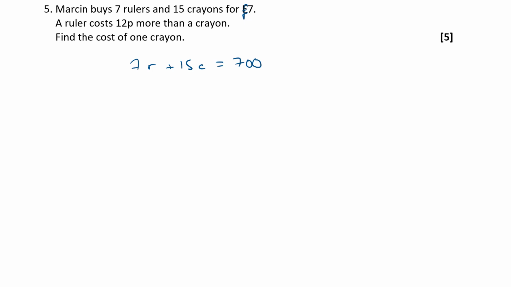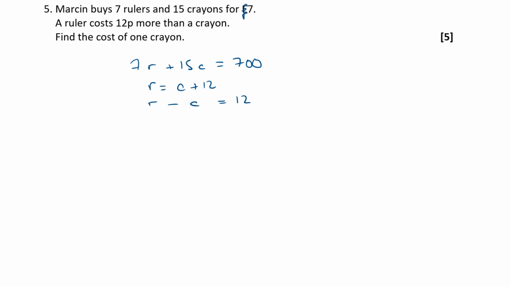So I know that a ruler costs 12p more than a crayon. So a ruler is a crayon plus 12 pence then, isn't it? Okay, so now I've got 2 equations in 2 unknowns. Might just rearrange that second one and say R minus C is equal to 12.